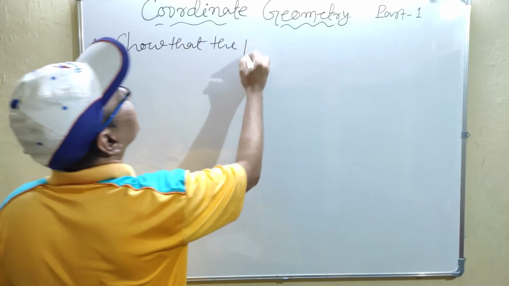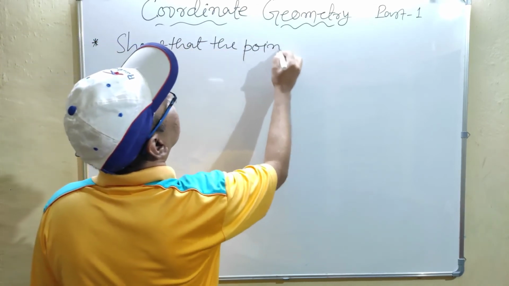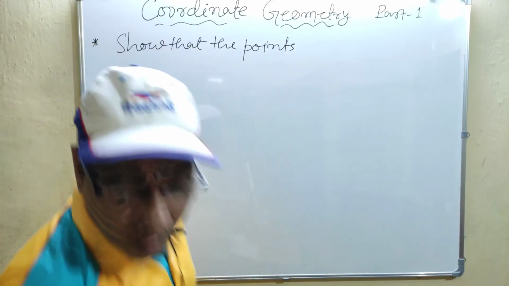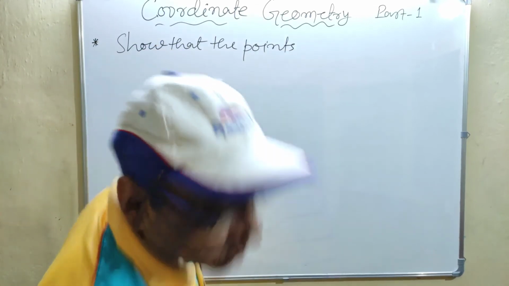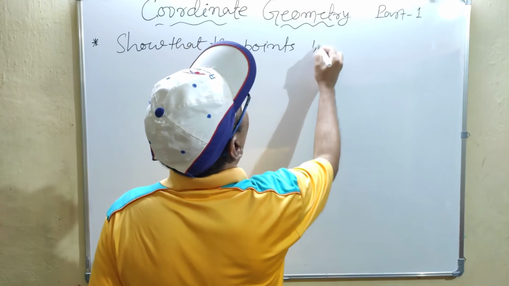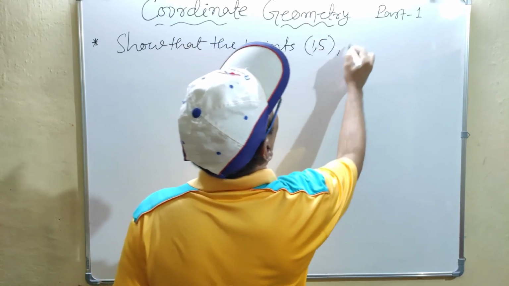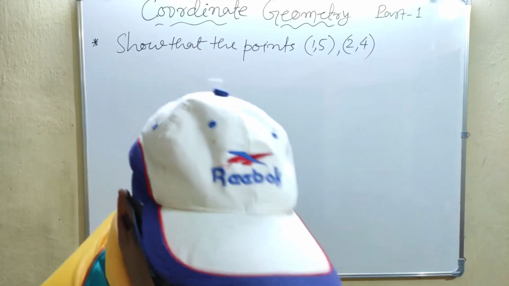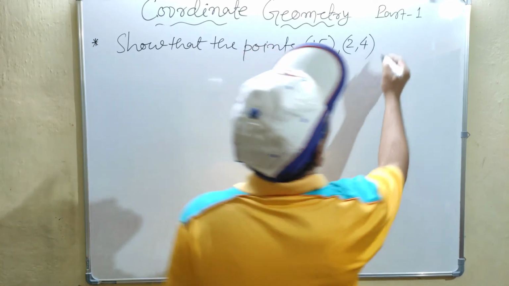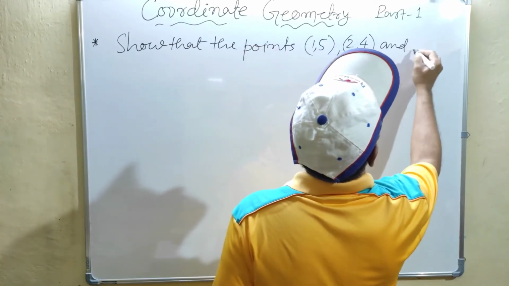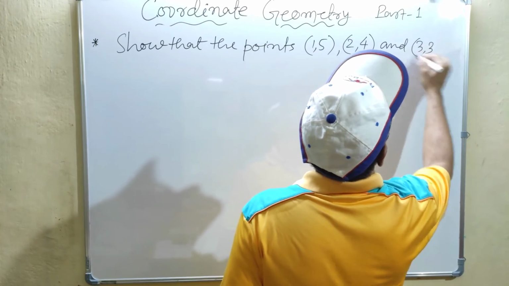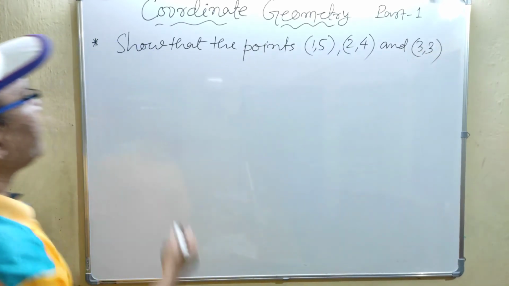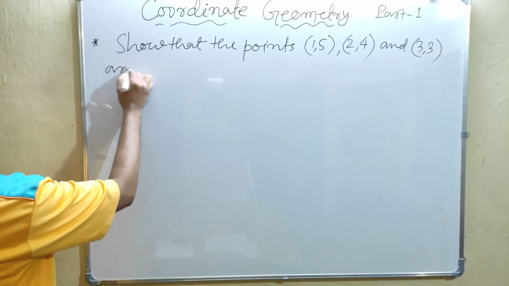The points (1, 5), (2, 4) and (3, 3) are collinear.